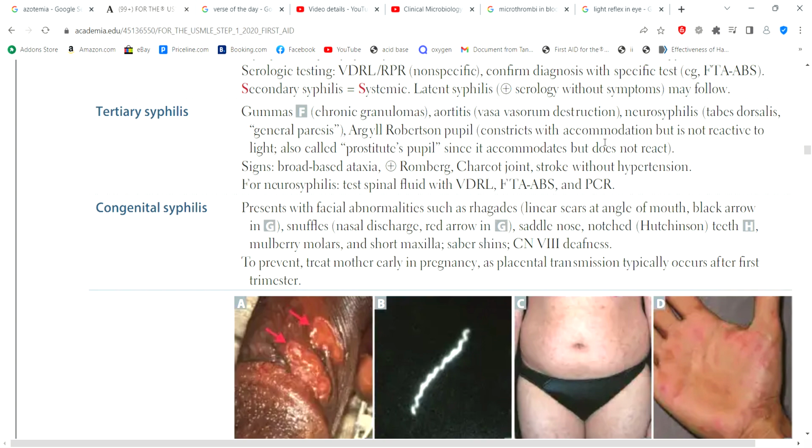The eye will constrict to see near and far objects, but the eye will not constrict when light is shined in it. It's also called prostitute's pupil, since it accommodates but does not react.